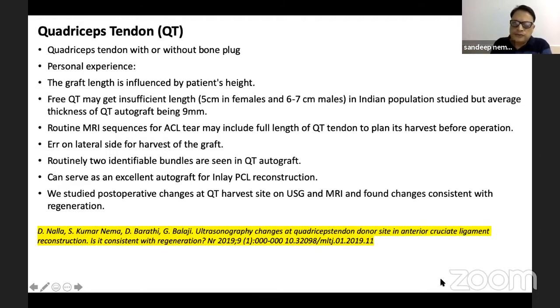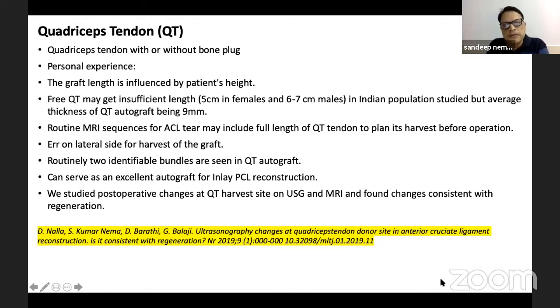In the group which we studied, we got insufficient length, and therefore we recommend harvesting the patellar bone along with the quadriceps tendon. The average length which we saw was 5 to 6 centimeters in females and 6 to 7 centimeters in males. So there will be a little bit of struggle.